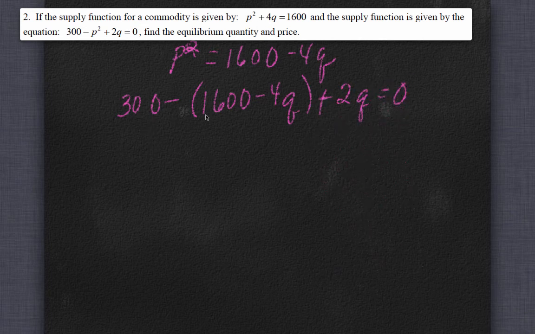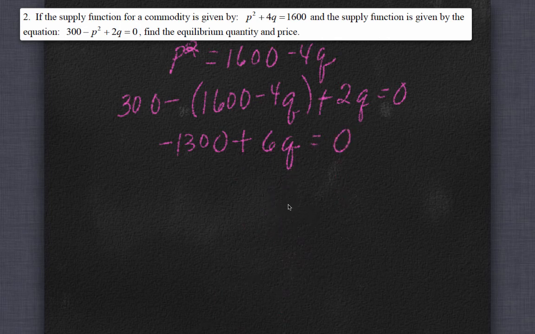Okay, so now I have 300 minus 1600, 4q plus 2q. This isn't going to divide very well.